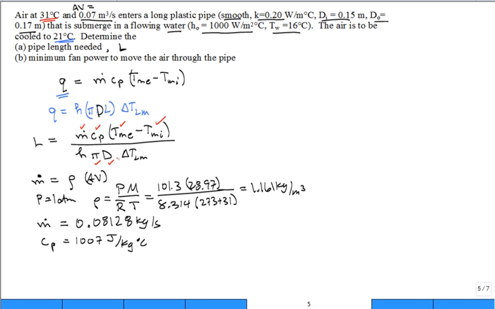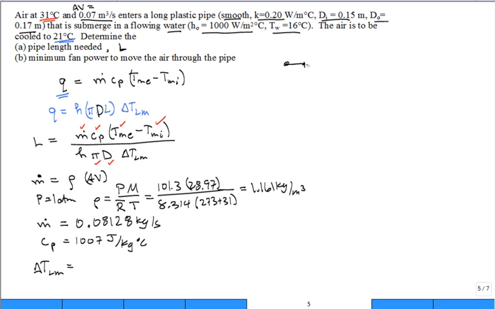The pi and the d are known. Let's go ahead and calculate the delta T log mean. So the delta T log mean is the temperature difference between the 31 and the wall of the pipe. But it's not just that.